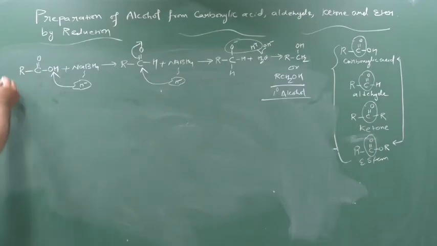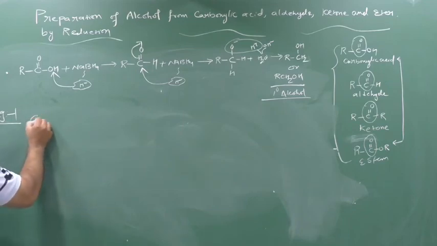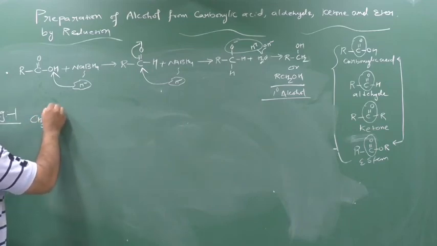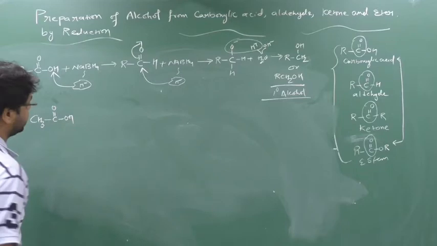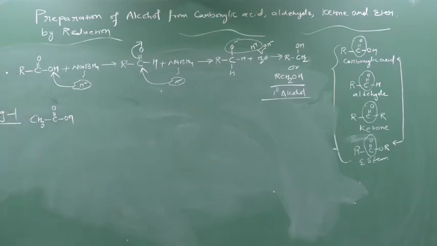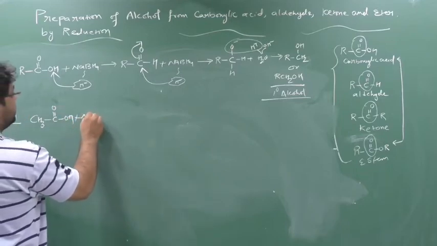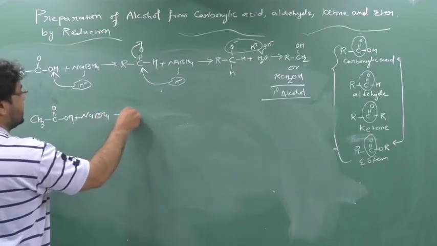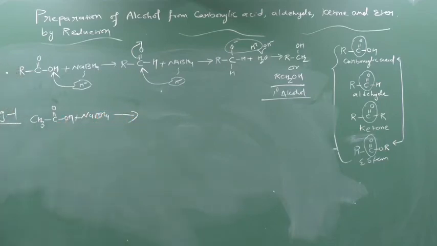We will see certain examples. First example: CH3, C double bond O, OH, acetic acid or ethanoic acid, with NaBH4. As soon as you see the OH, remember in carboxylic acid and ester we have a double attack.